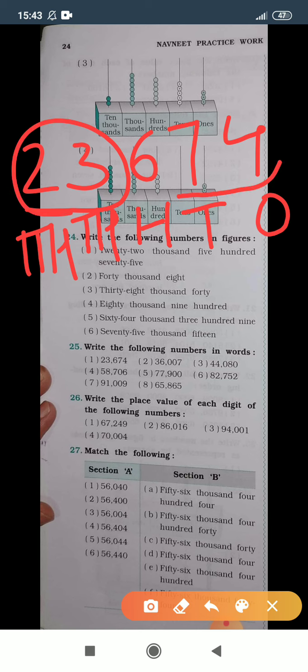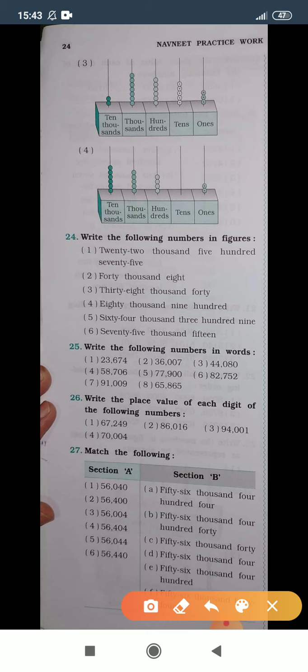So these 2 and this 2 will be pronounced together. 23,674 is your answer.